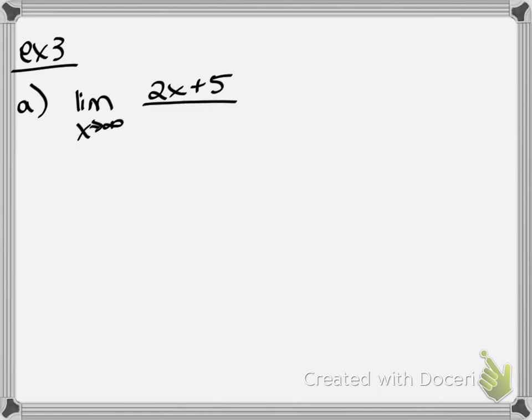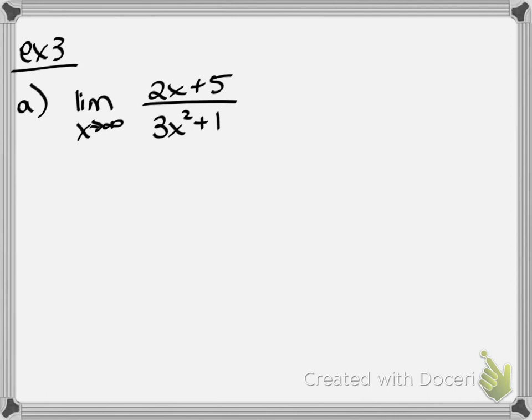Let's see another. Let's do this one. Example 3. The limit as x approaches infinity of 2x plus 5 over 3x squared plus 1. When I have x approaching infinity, I need a strategy.